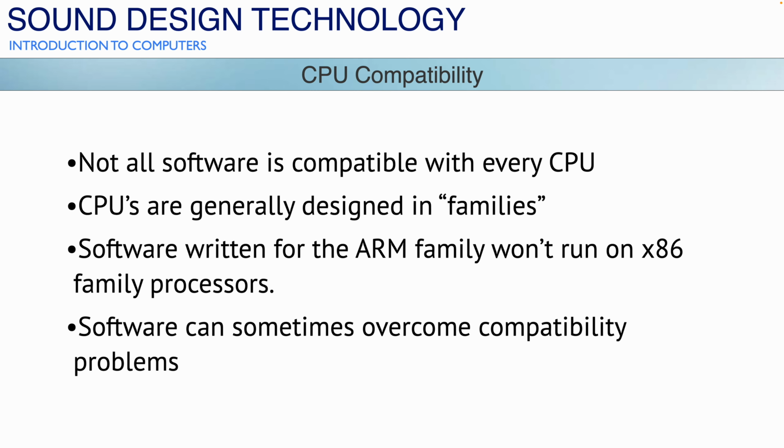For example, there's a class of CPUs called ARM processors, and a type called x86 processors, and they're not compatible with each other. You can't run apps on one that were designed for the other.